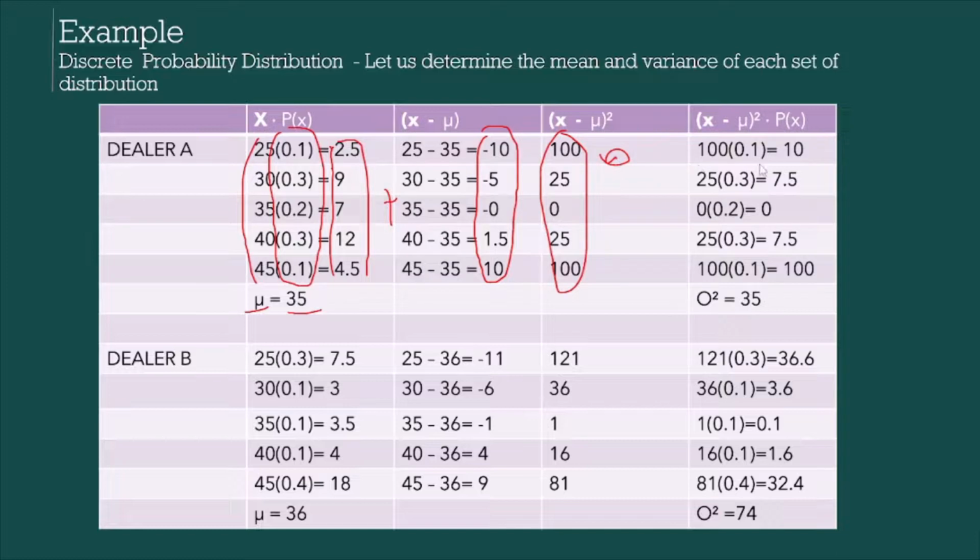So 100 times 0.1 is equal to 10. 25 times 0.3 is equal to 7.5. 0 times 0.2 is equal to 0. 25 times 0.3 is equal to 7.5. 100 times 0.1 is equal to 10. And that's how we get our variance.